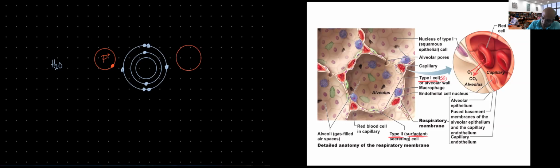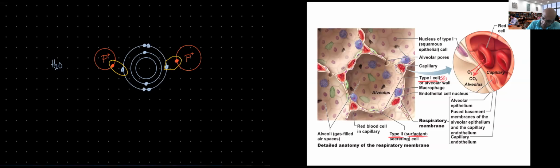So this oxygen will have an agreement with those 2 hydrogens to share electrons, one with each of them.